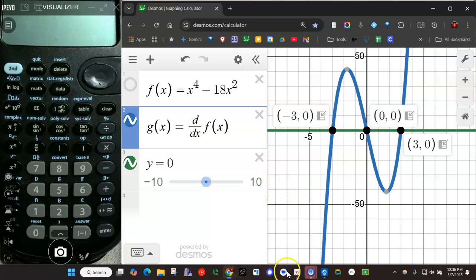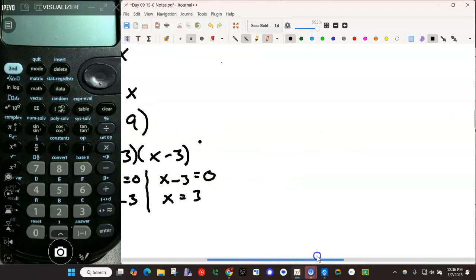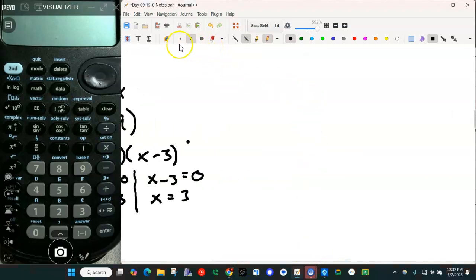Okay, so here we go. So I'm going to go over here to the side, draw a line, like so, and I have my 3 roots. In this problem, there's negative 3, 0, and positive 3.